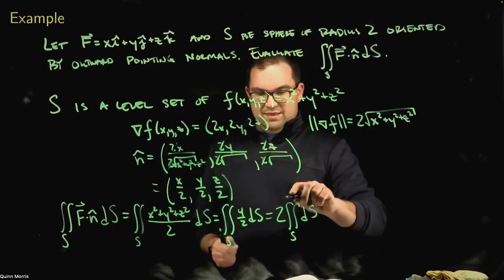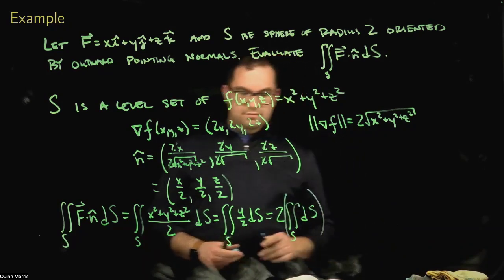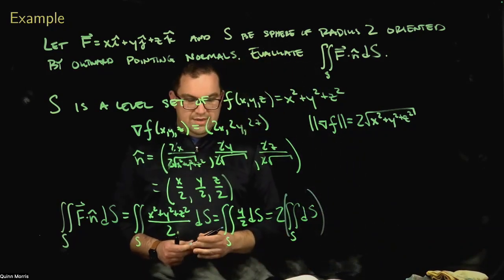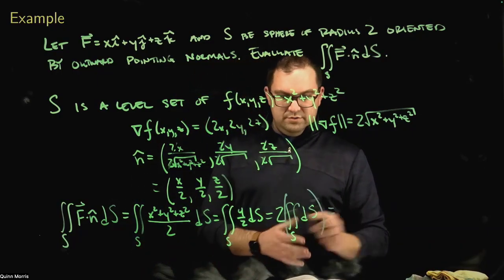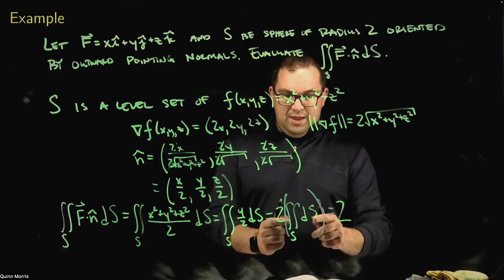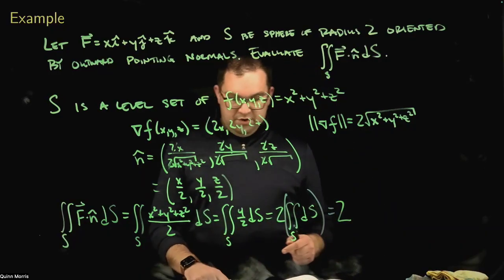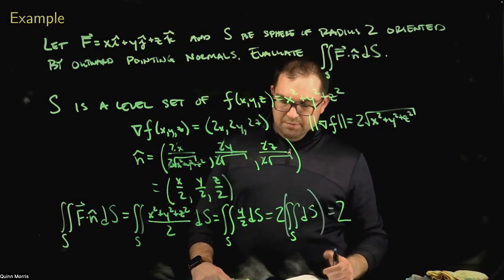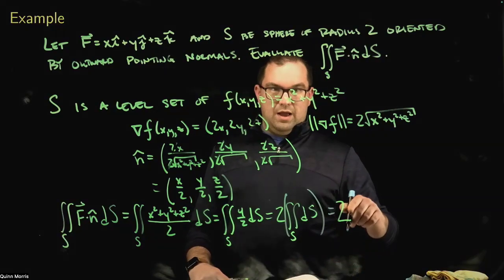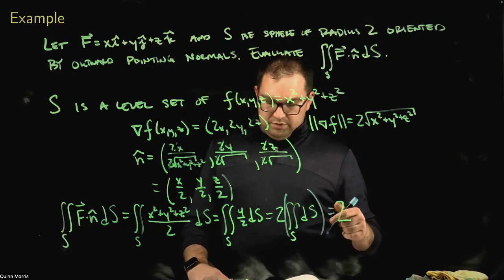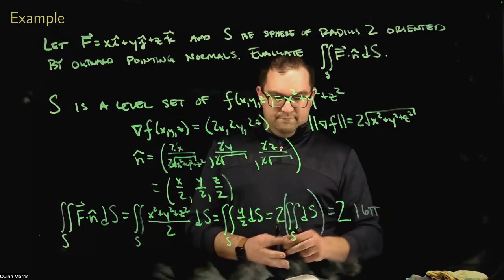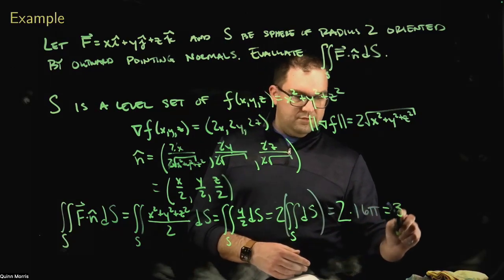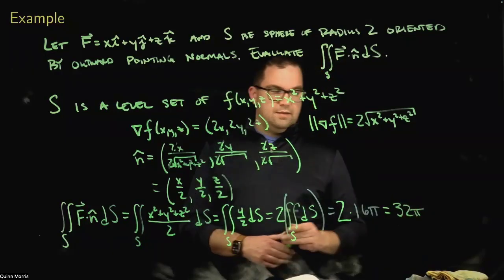But remember, this is just the surface area of the sphere of radius 2. So I'm going to get 2 times the surface area of the sphere, which is 4 pi times 2 squared. So it's just going to be 16 pi. And so I end up with 32 pi.